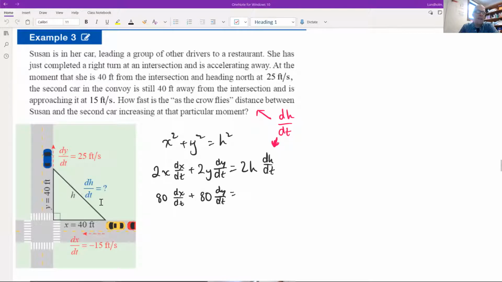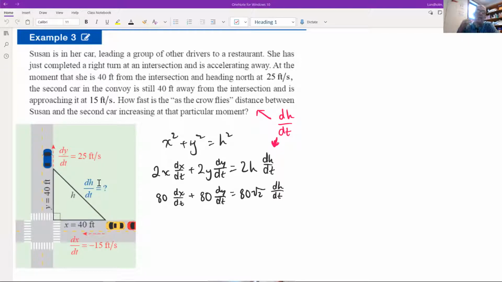The hypotenuse, h, is not solved for right now, but if you use the Pythagorean theorem here, especially since we have an isosceles right triangle, the ratio between these side lengths is going to be 40 times the square root of 2. So for the length of the hypotenuse I'm just going to write 80 times the square root of 2, and dH/dt is still hanging out.